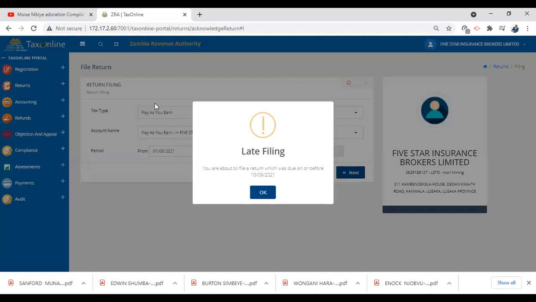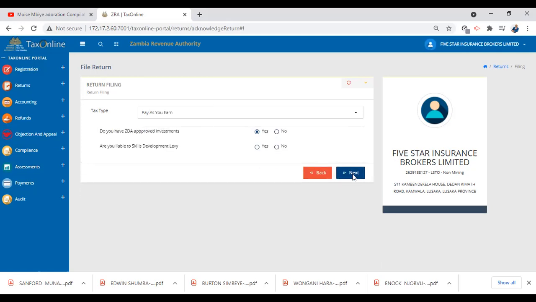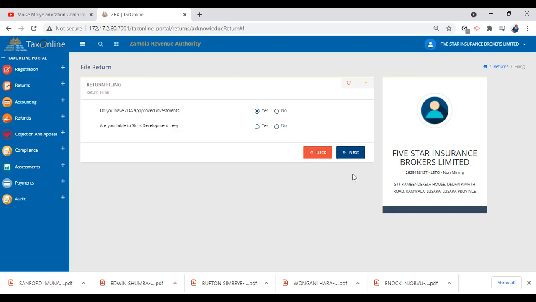Immediately, it reminds you that you are about to file a return which was due on or before 10th September. So for PAYE, we know that you are supposed to file on or before the 10th. So you simply say yes or okay to that, and then you move next.